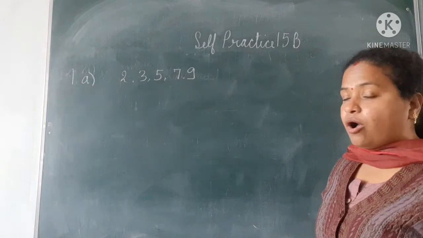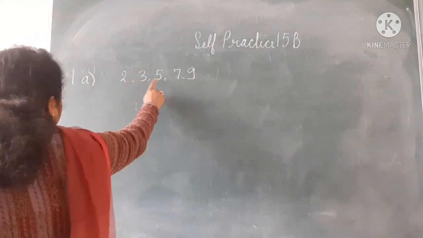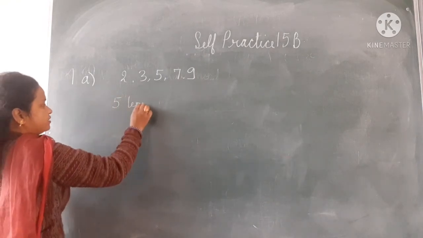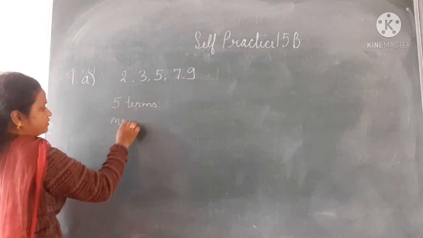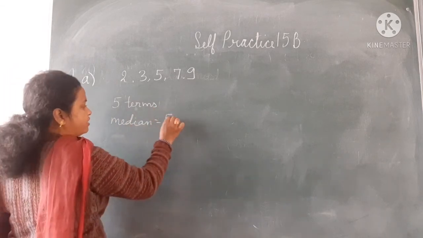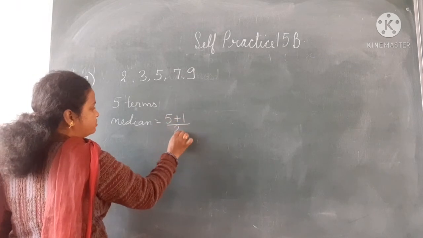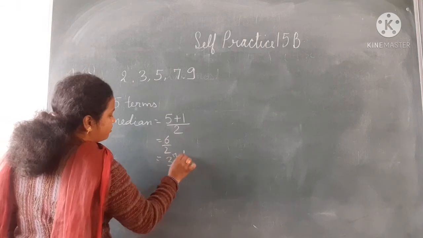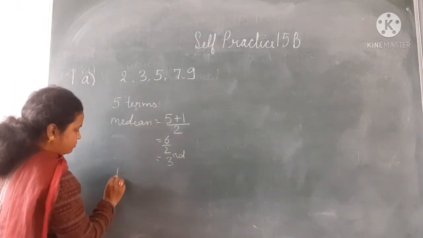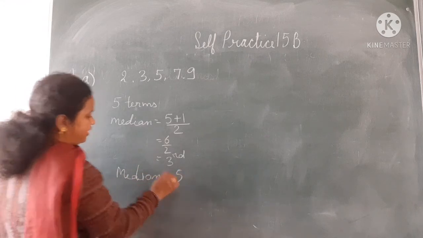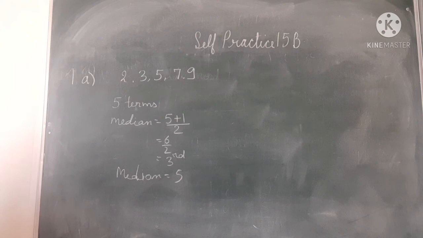There are 5 terms, so the median is the (n+1)/2 th term, 6 by 2, that is the third term, which is 5. So the median is 5.